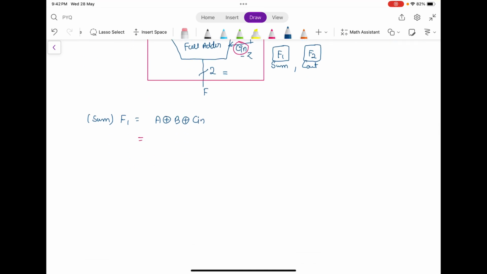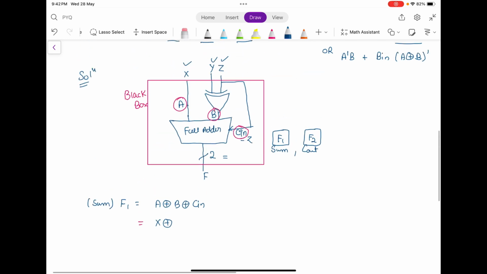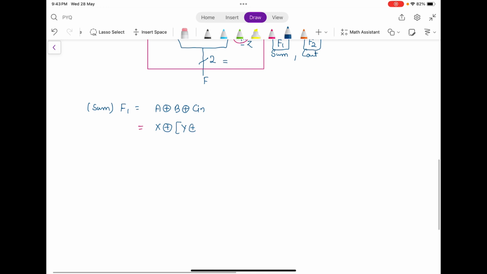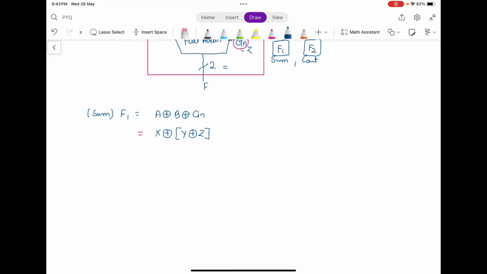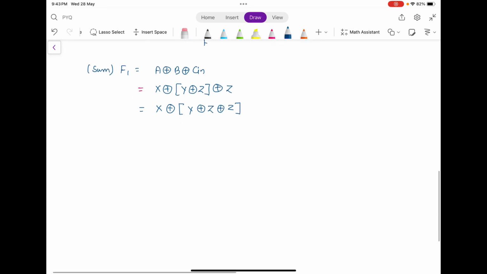Now putting the values, A is nothing but X, B is nothing but Y XOR with Z, which is an XOR gate, and C in is Z. So you can simplify it: X XOR with Y XOR with Z XOR with Z. You also know that Z XOR with Z returns 0, and X XOR with Y XOR with 0 is X XOR with Y. This is your first expression.